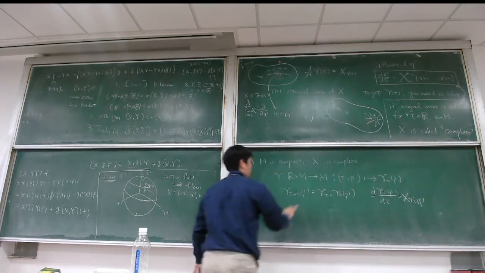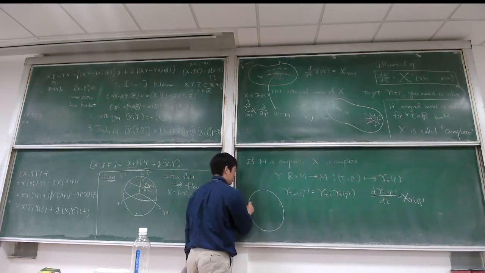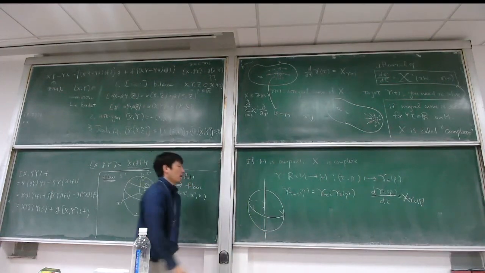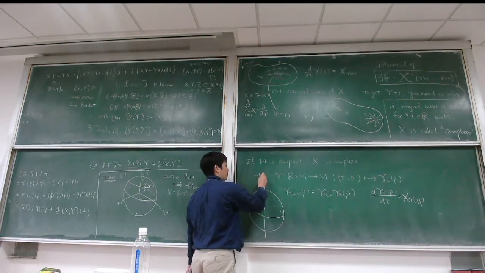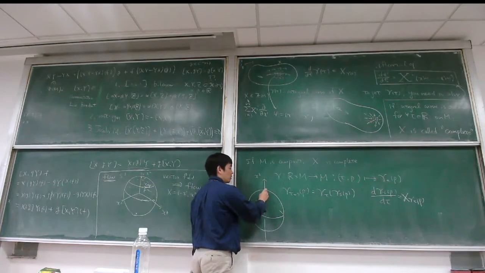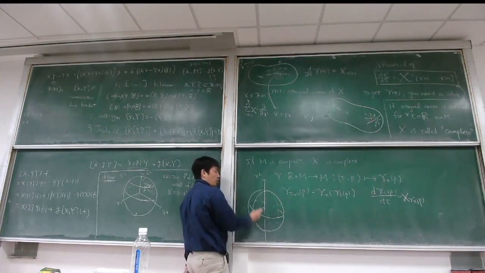So this means as follows: if you just rotate a sphere along this x2 axis, so this is the North Pole. So let's look at the gray circle, and just rotate.